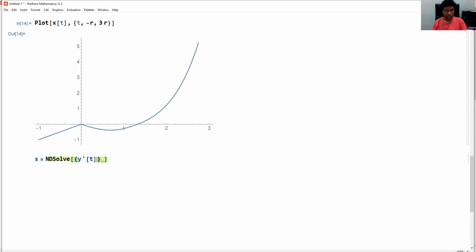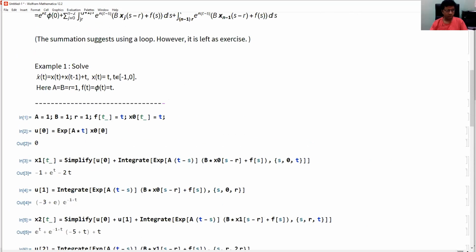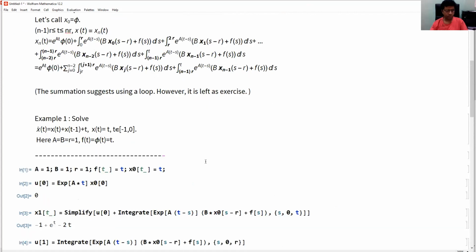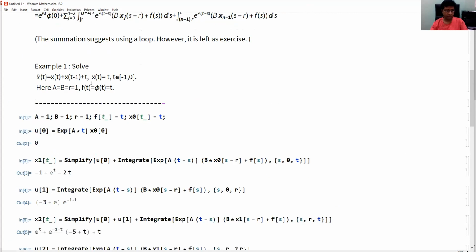We are using two equal signs, so it is y[t], then plus y[t minus 1] plus t. And the initial data is t.